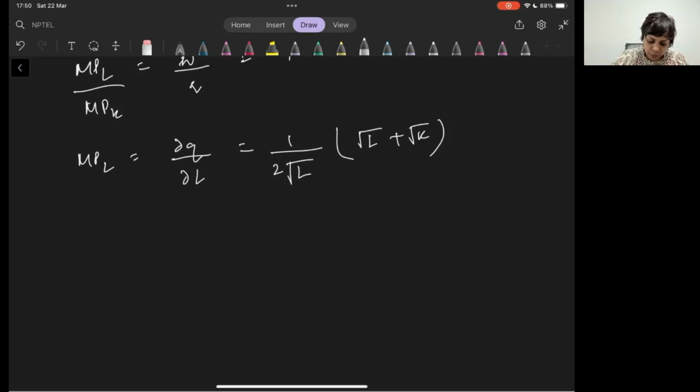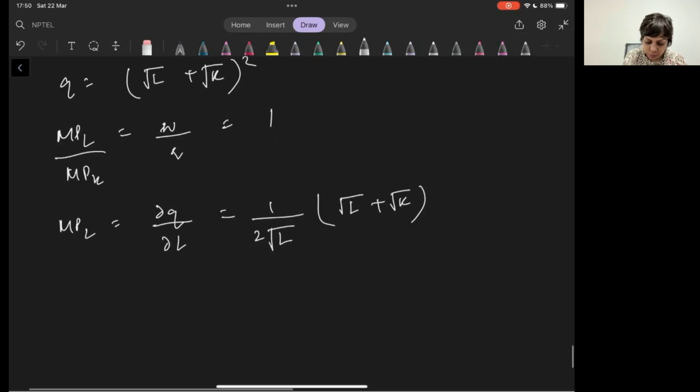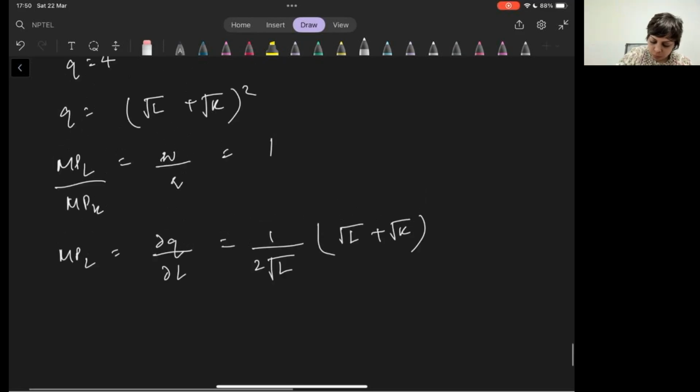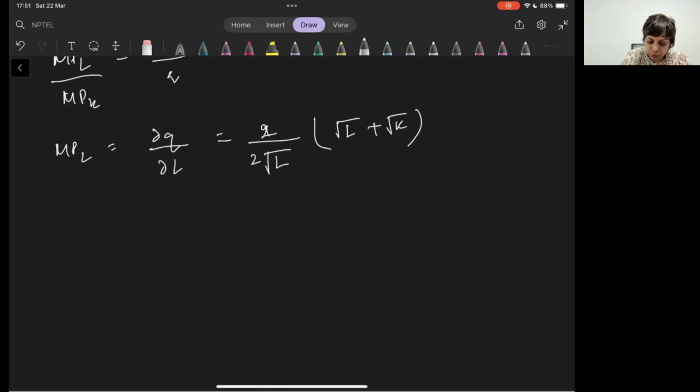Yeah, this is the expression, right? So root L differential is 1 upon 2 root L. And then you take the differential for the whole. It just becomes, oh, there should be a 2 here, I think. Yeah, there'll be a 2 here. 2 upon 2 root L plus root K.